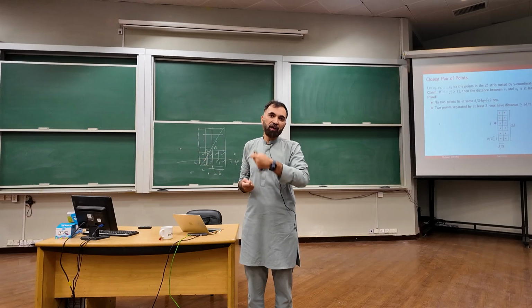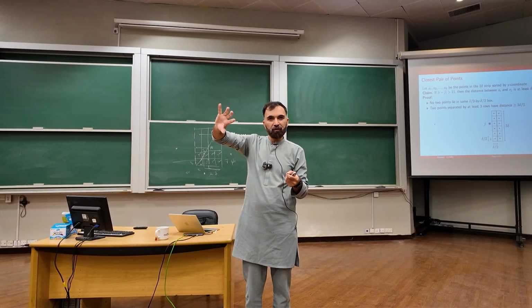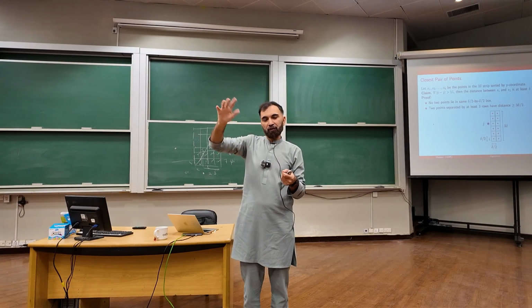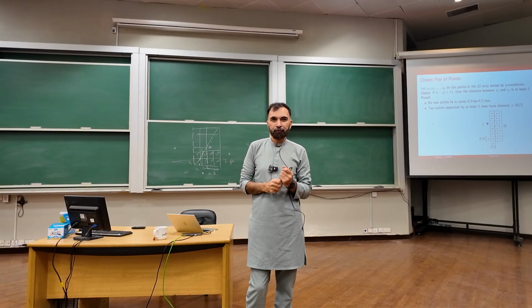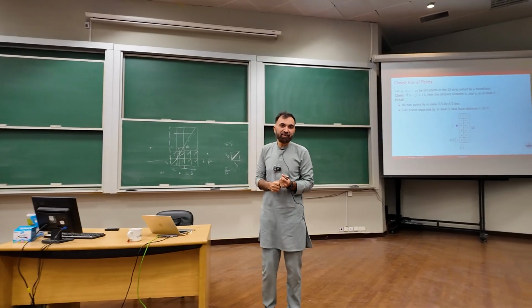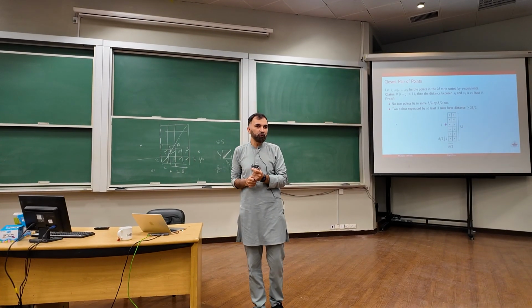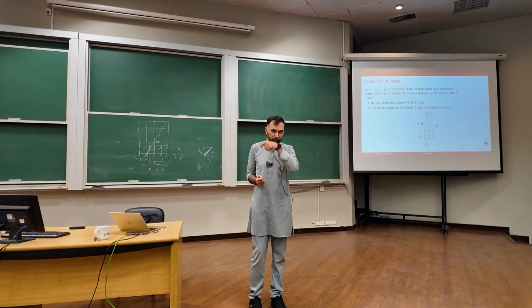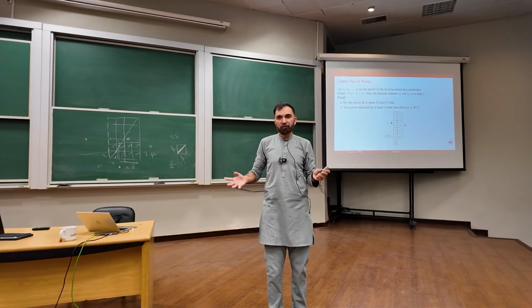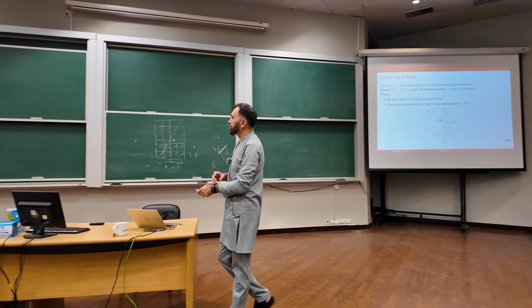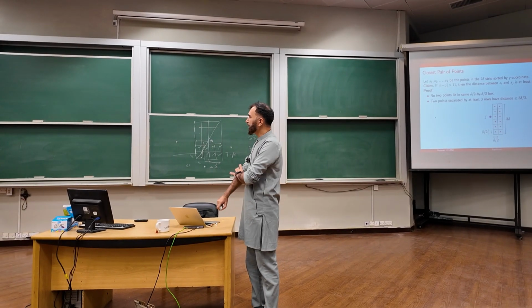And that's why I'm checking each point with all 7 points. If any one of them is less than delta, then I'll update my smallest distance. Again, it's not guaranteed that I'm going to find a point which is at distance less than delta by doing this. Right? Awesome. So this concludes the closest pair thing in 2 dimensions.